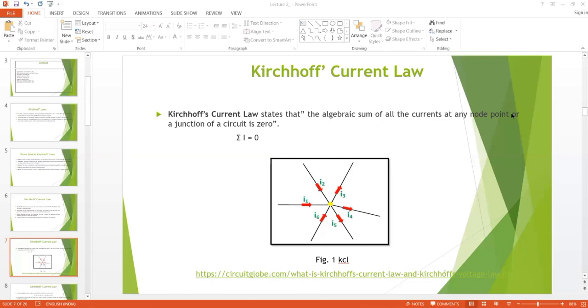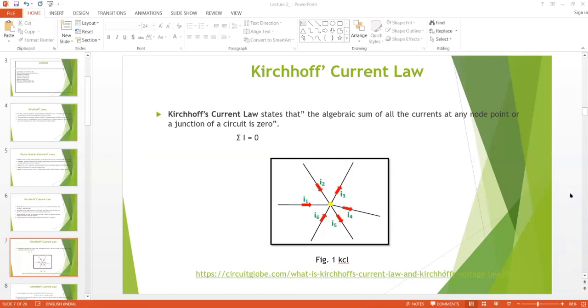Right? So for the sum of all currents you need to remember, incoming current would be positive and outgoing current would be negative, or vice versa, but for a particular circuit it cannot change. If in one circuit you're saying incoming current is positive, in another you cannot say it is negative, that is not possible.